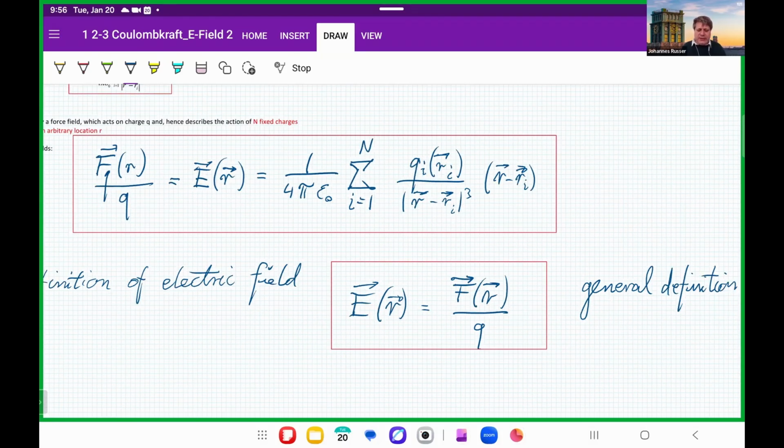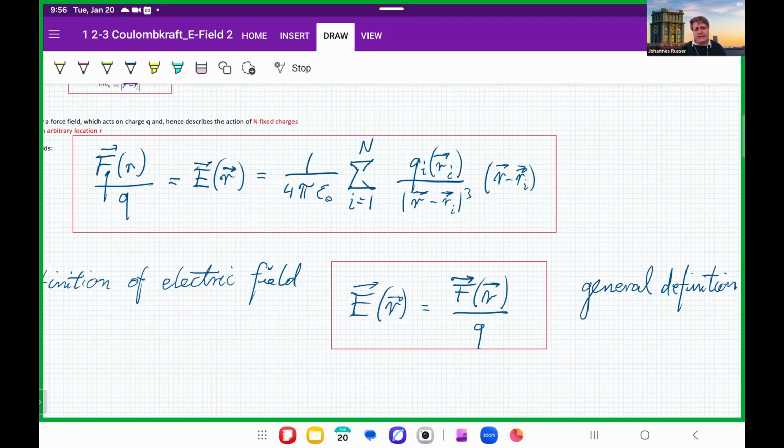The electric field then gives you the answer to what force you obtain if you bring an arbitrary test charge into it. You just multiply the electric field with the charge, and then you obtain the force.